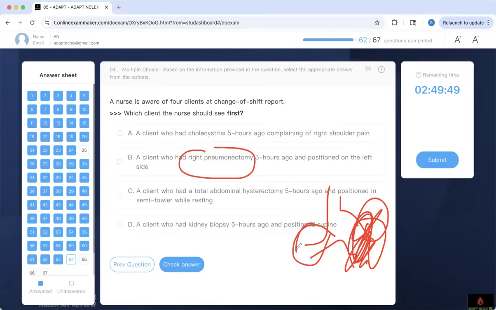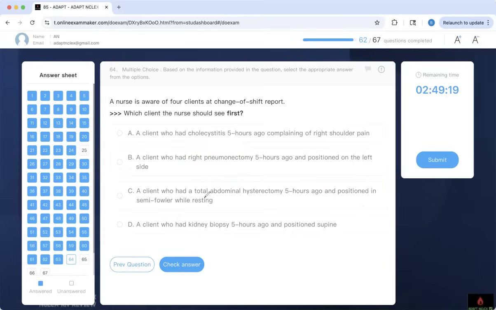That means we got to let the left lung mature. We should put you on the side where there is no lung. You should be on the right side, not on your left side. If you stay on your left side, the left lung is going to also collapse.